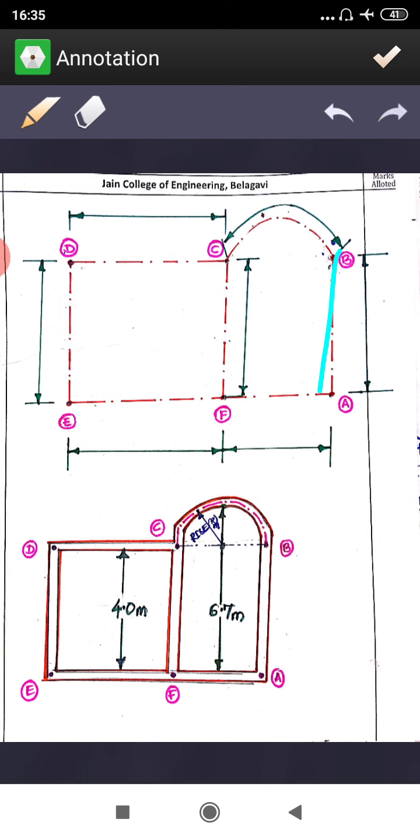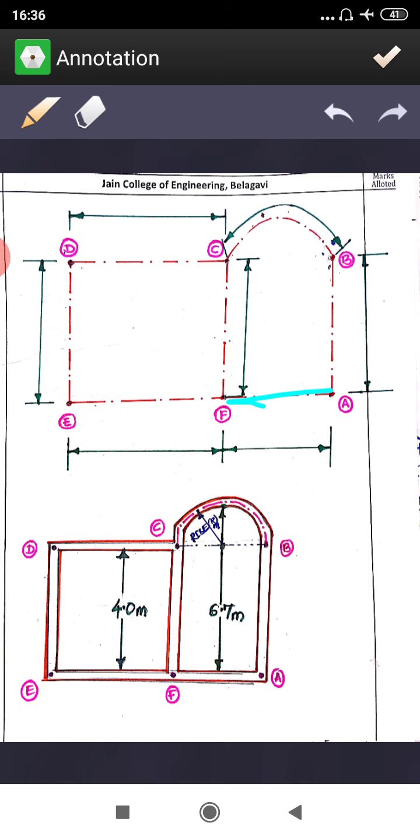Then if you see this CD and EF, these are of same width, so I'll be taking these two as my short walls, because the remaining three walls I have taken as long walls. So CD and EF, by default they are going to be short walls. Then two more short walls I'll be taking. I'll be taking FA and then BC as my semicircular short wall. So three long walls and the remaining are all short walls.